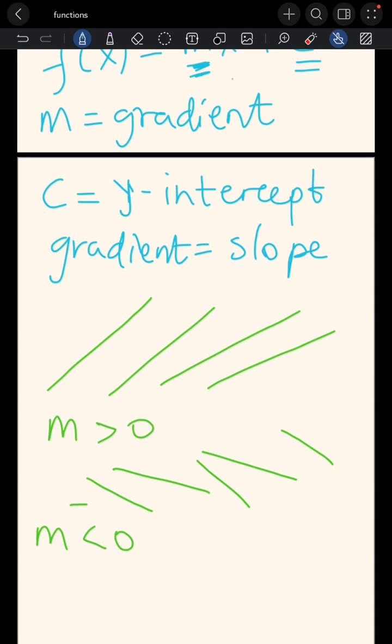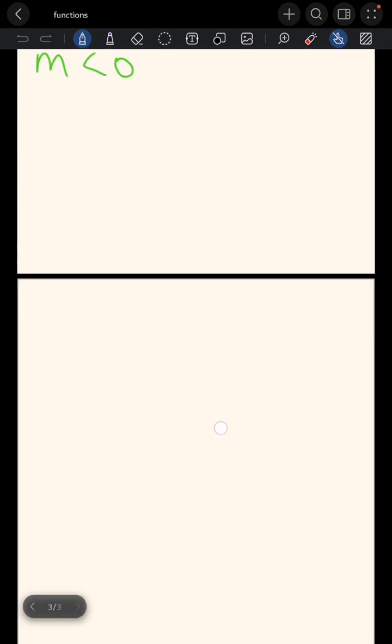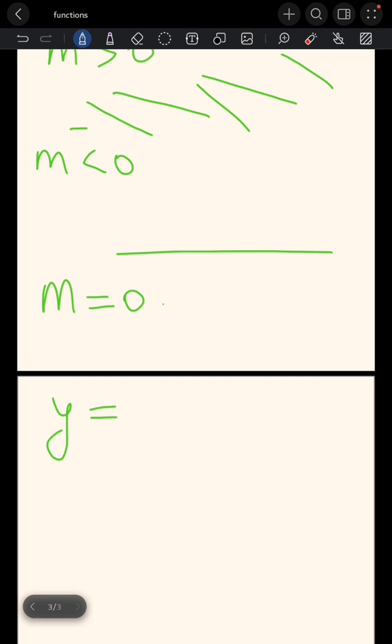And then any line that is straight like this has a gradient equal to 0. So its equation can look something like this. Y is equal to c. C is the y-intercept, the point in which it cuts the y-intercept, because it doesn't have any gradient. So the gradient value is going to be 0.